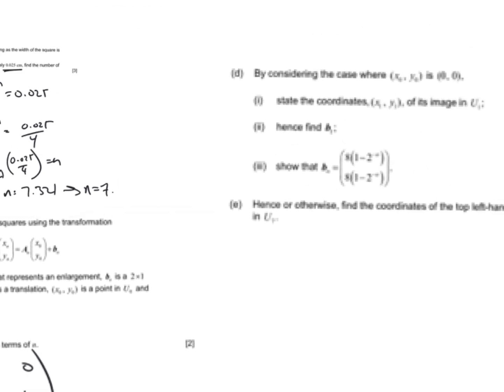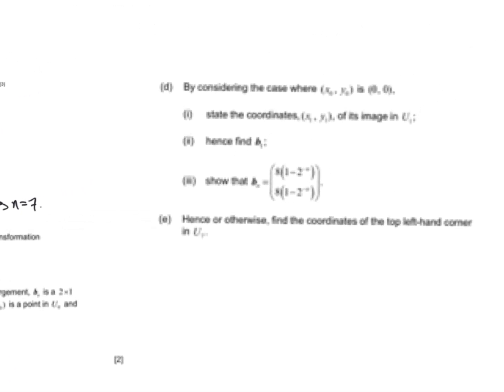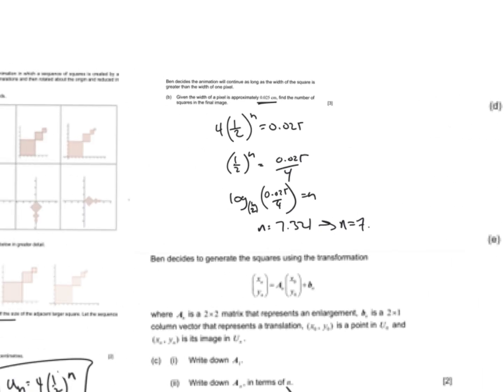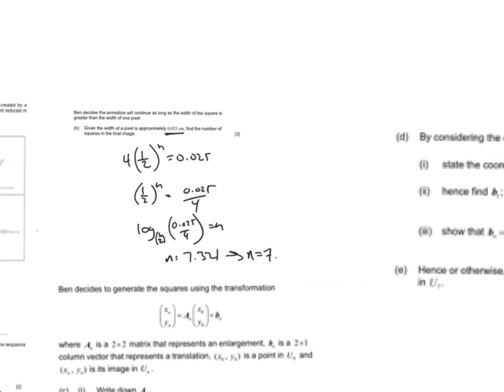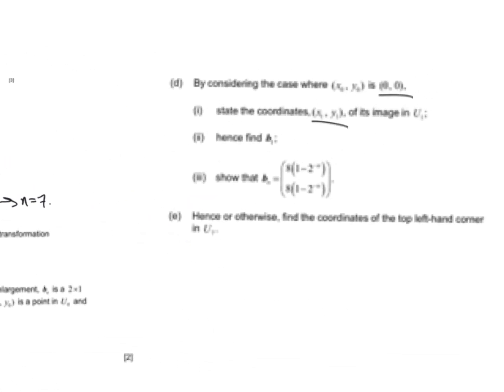And when I go to part D, by considering the case where x0, y0 is 0, 0, state the coordinates x1, y1 of its image. Well, if we go back to the diagram, it's asking, where does 0, 0 go? Well, 0, 0 on this square is in this corner, which is 4, 4. So x1, y1 is going to be 4, 4.